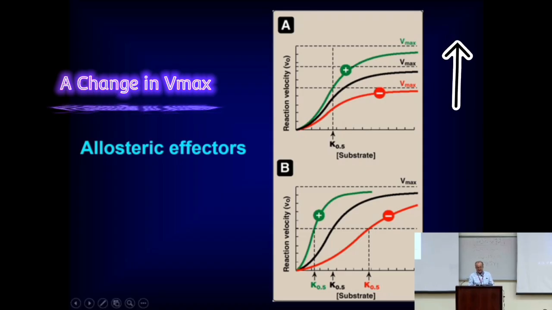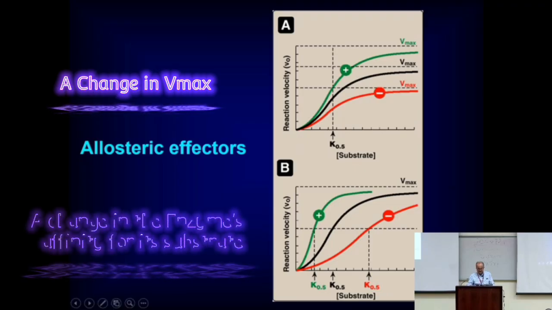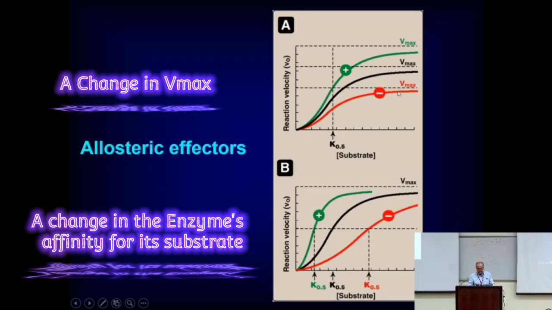If you add a molecule that decreases Vmax, like the bottom trace, that would be a negative allosteric effector. There's another way that allosteric effectors can change enzyme activity, which is shown down here. So there's either changing Vmax positively or negatively. The bottom graph shows the normal allosteric enzyme.